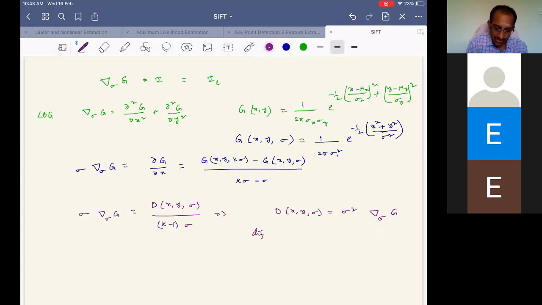And through this, you need not compute the Laplacian of Gaussian. Even if you would like to perform blob detection, we can use the difference of Gaussian, which can also be used effectively, with some scale normalization, to find the blobs, corner points, key points.